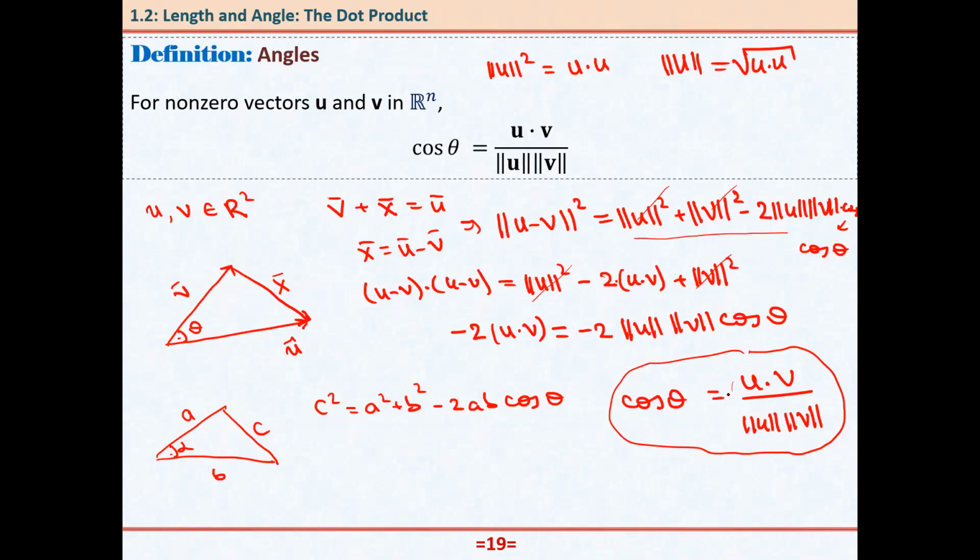Now we just generalize this to n-dimensional space. That is how we find the angle between two vectors. Actually, it's not the angle, that is the cosine of the angle. From here, we can find the angle: theta is cosine inverse of u dot v over norm of u times norm of v.